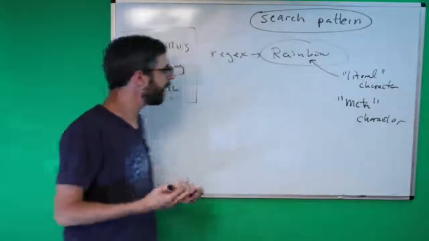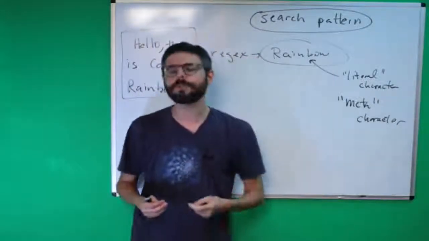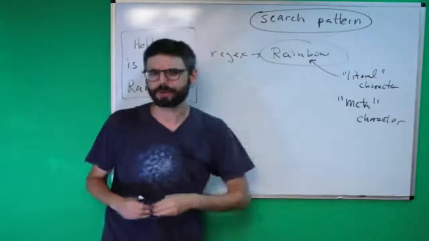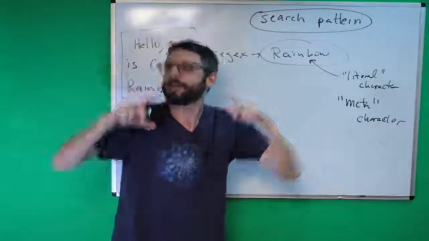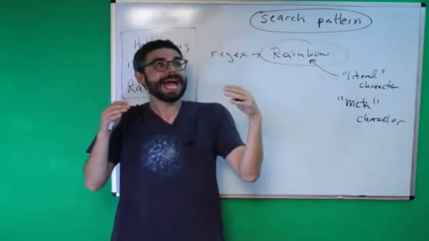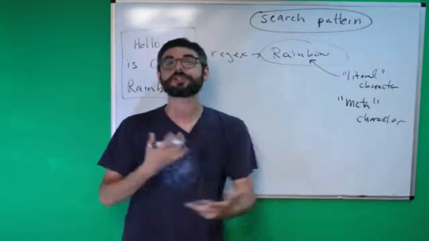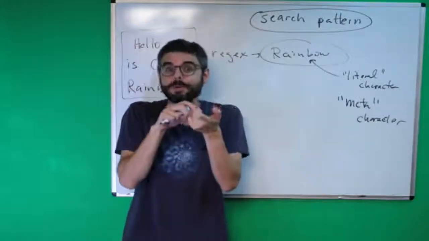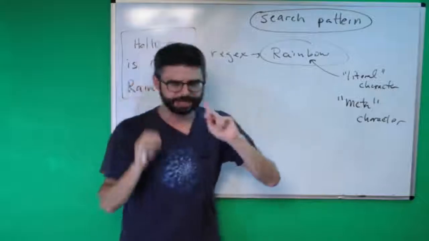For example, I could say I want to match the capital letter R followed by any possible vowel, followed by any possible vowel, followed by any possible consonant, followed by any possible uppercase character, followed by any digit, followed by any white space. You can imagine how you can start to create more and more generic patterns that would match different kinds of text.